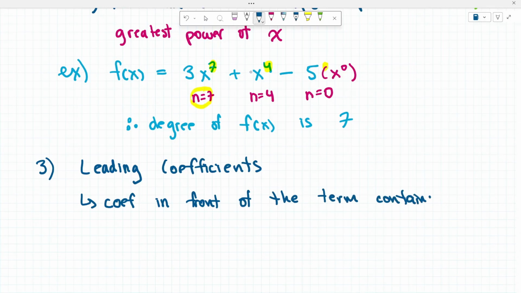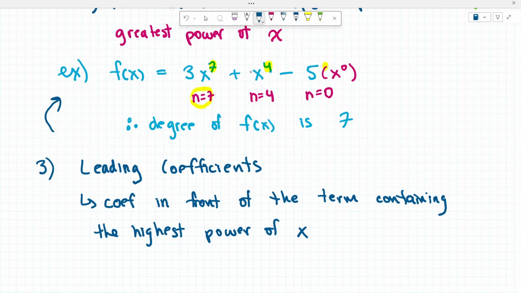So coefficient that is in front of the term containing the highest power of x. That way you have it all written down. So what does that mean? So if we look at our previous example that we stated up here, we said that our highest power of x, or greatest power of x, is n equals 7.